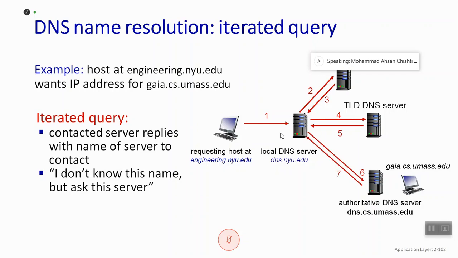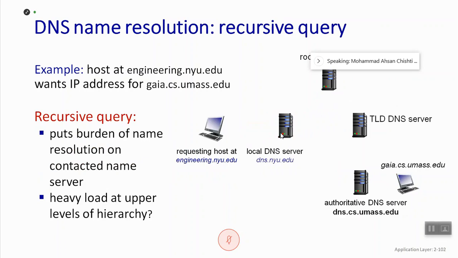It replies back then giving the exact IP address of the page where gaia.cs.umass.edu would be available. So this is basically an iterative query that we have. And once the authoritative DNS of umass.edu has replied back, then only can it access the server.